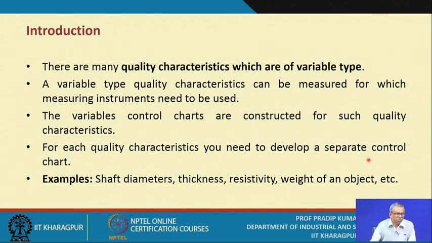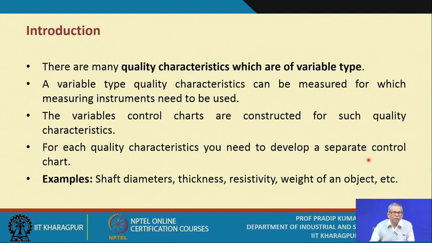Now, what is a variable type quality characteristic? Now, these quality characteristics are such that they can be measured, for which measuring instruments are to be used. Certain times, we also can use certain gauges, but essentially, these characteristics are such that they can be measured. The variables control charts are constructed for such quality characteristics. Okay, so this is its domain.